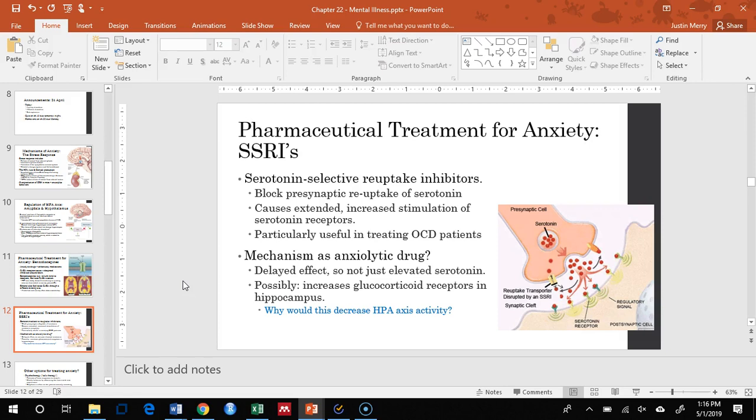However, if you elevate serotonin over an extended period with SSRIs, that can increase glucocorticoid receptors in your hippocampus, which can help with modulation of the HPA axis we were just talking about. So there is another bit of evidence based on how we pharmaceutically treat it. It's scattered across different slides, but that's where I would go with that one.